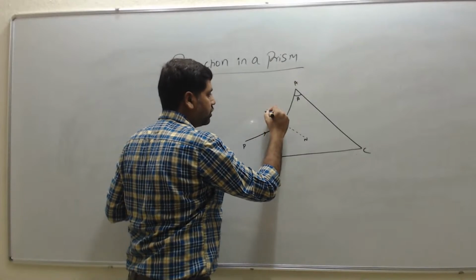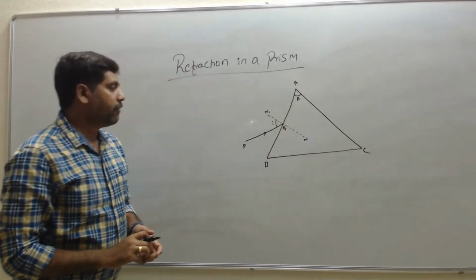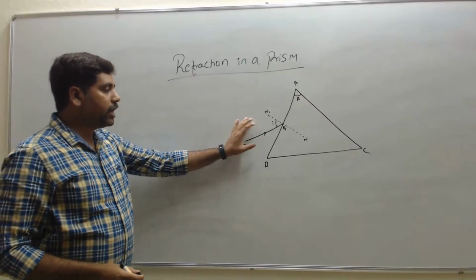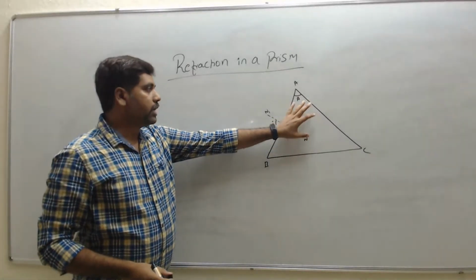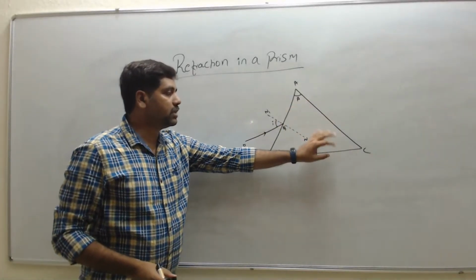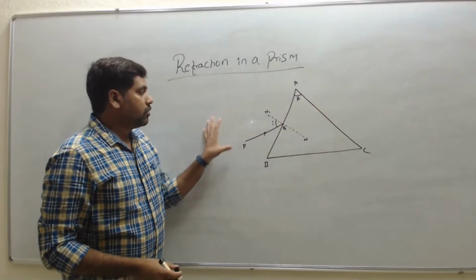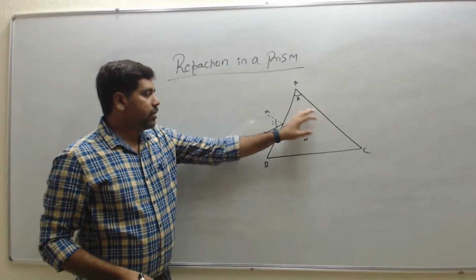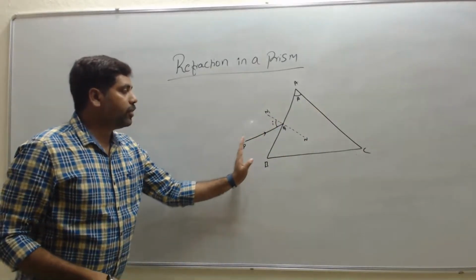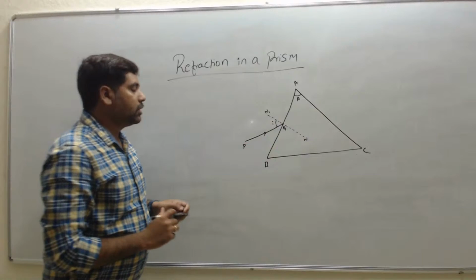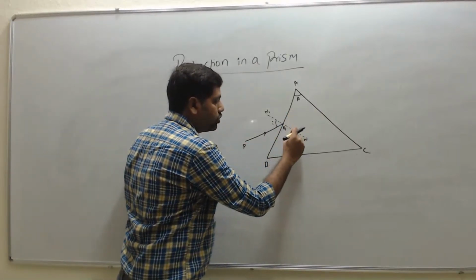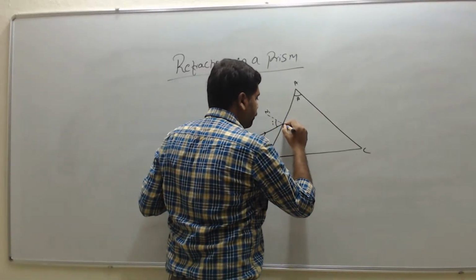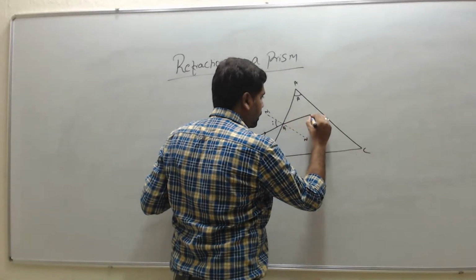When the light travels from a rarer medium to a denser medium, here the prism is taken as glass, so from air medium to glass medium, the refracted ray is bent towards the normal, like this.